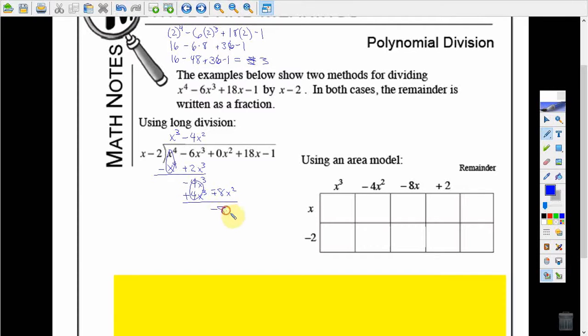We end up with negative 8x squared. We keep repeating this process, so I need to multiply by negative 8x to get negative 8x squared. Bring down the 18x. Subtract those. So to get negative 18, I need to multiply by negative 18.